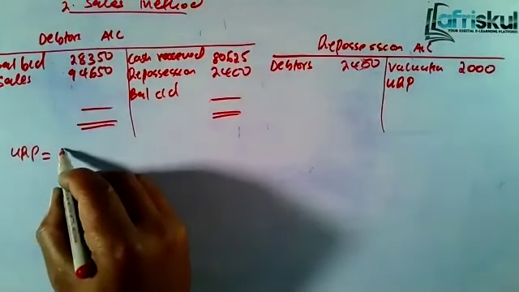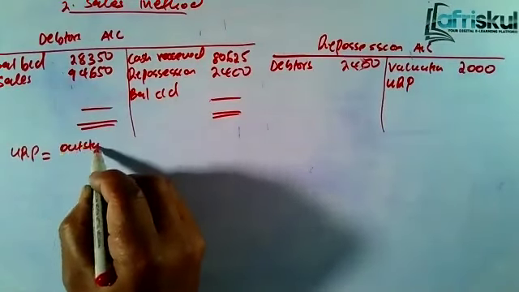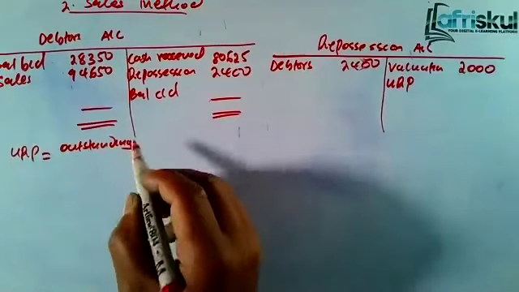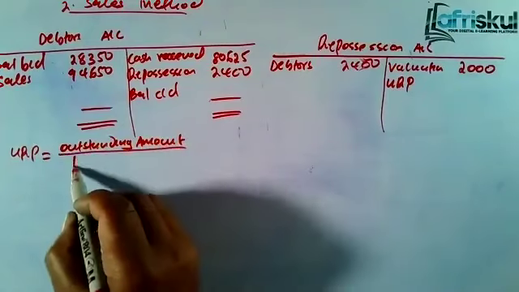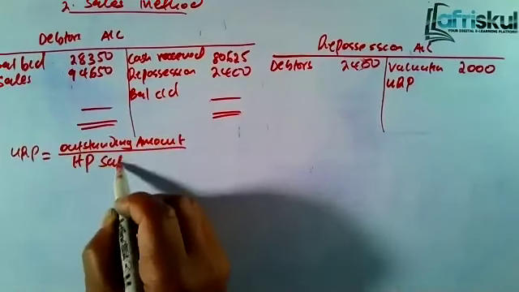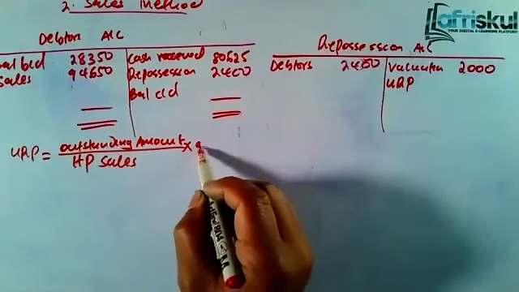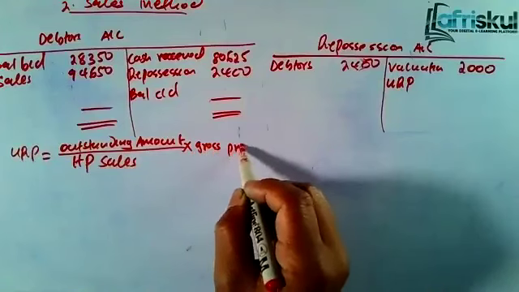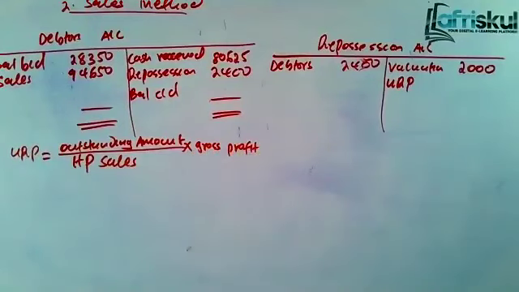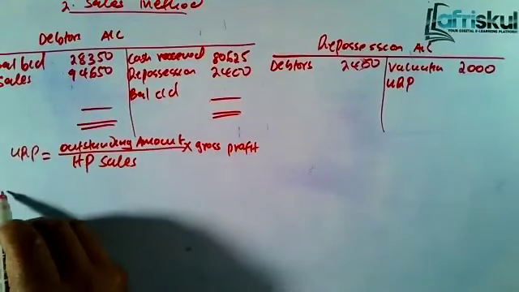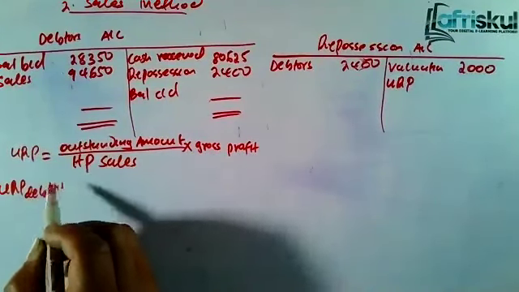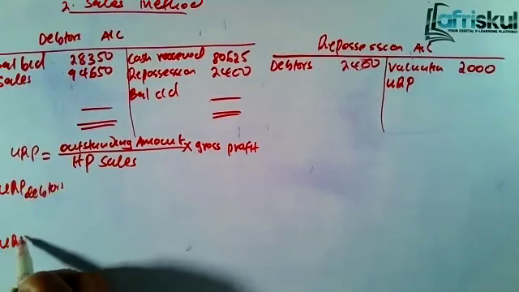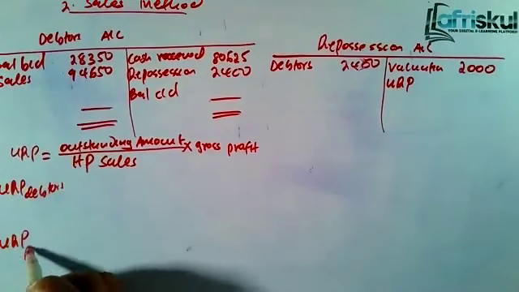Unrealized profit, we say you take the outstanding amount or the outstanding balance, you divide by the hire purchase sales, you multiply by the gross profit. That's how you get that. So tutafute ya debtors unrealized profit for debtors, and also tutatafuta unrealized profit on repossession.